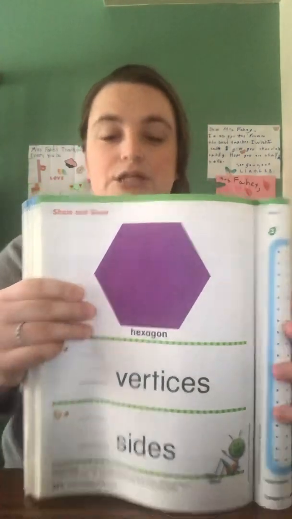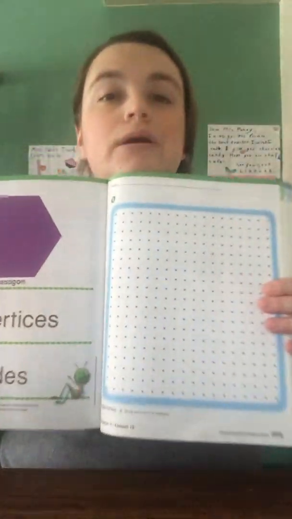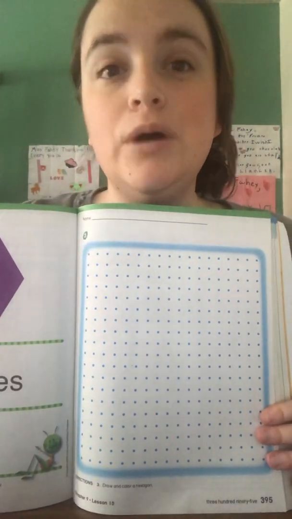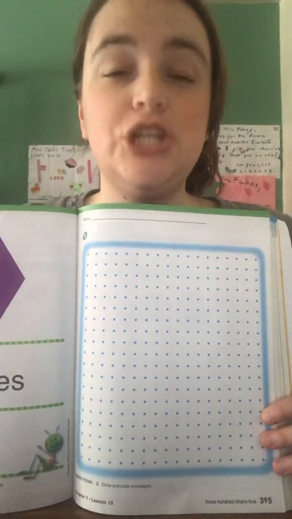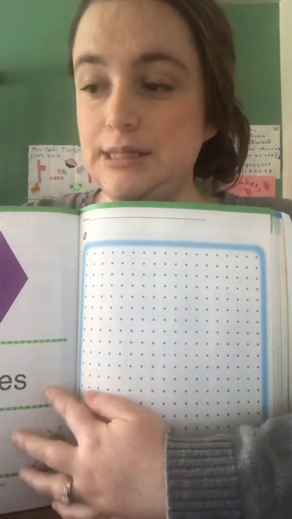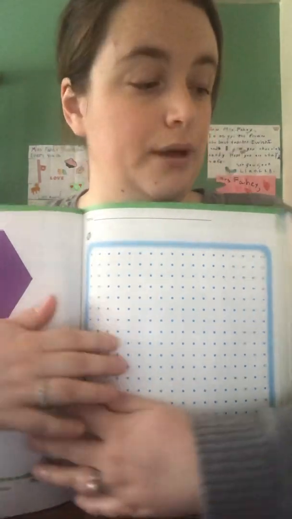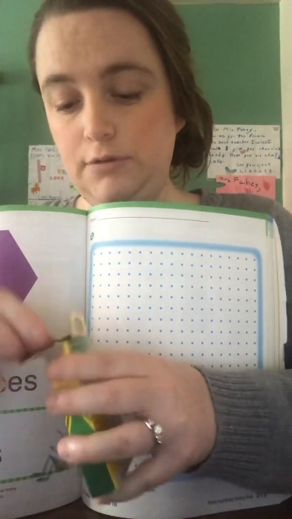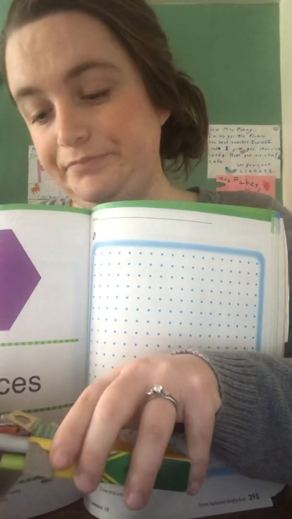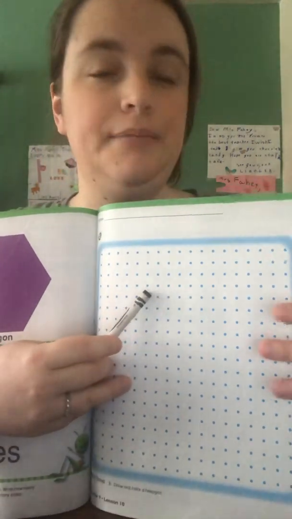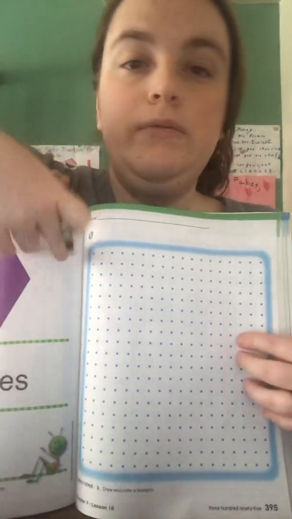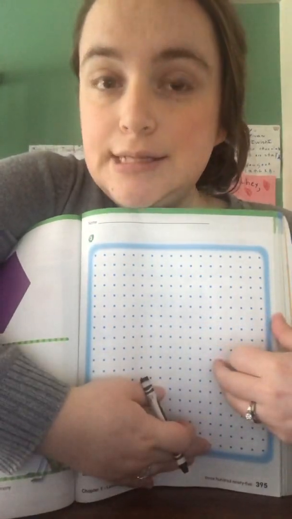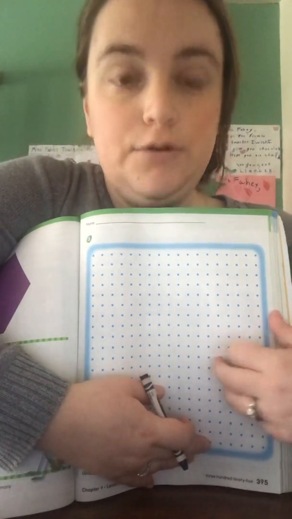Let's come across to page 395, and now we're going to draw our hexagon. The hexagon is probably one of the trickiest shapes to draw, so these dots are really going to help us out today. I'm going to pull out a crayon so that it's easier for you to see the lines that I make. Remember, when we are drawing our hexagon, we need 6 sides and 6 vertices.